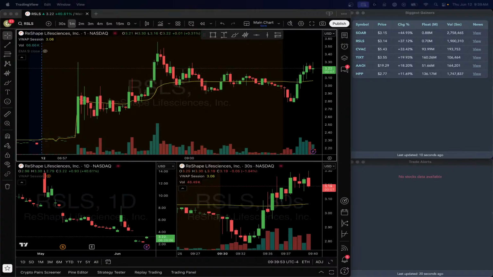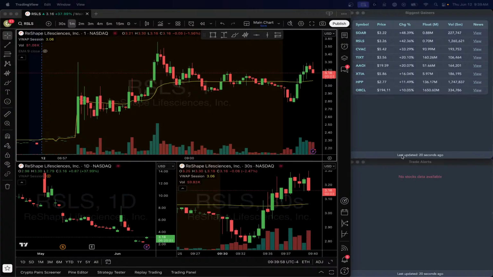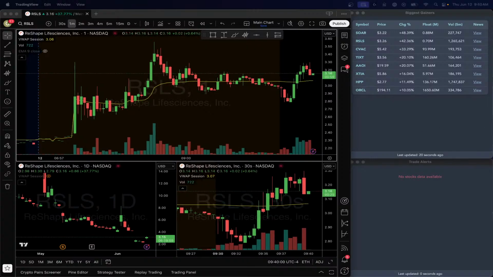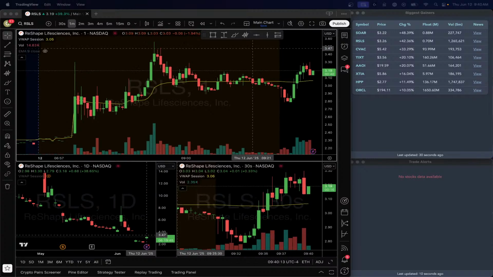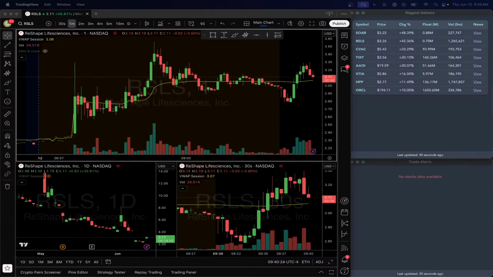We might be able to test the VWAP. RSLS is coming back down to the VWAP.